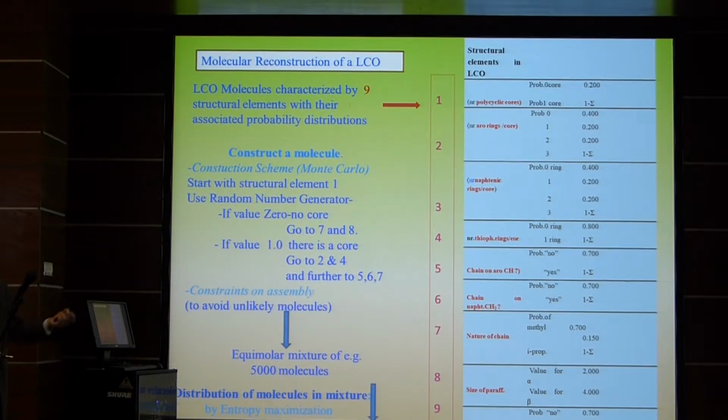You have to generate a large number of candidate molecules, and you go, for instance, up to 5,000. And now I have typical molecules that can be members of LCO, but with those 5,000 candidates, I don't have the real composition yet of that LCO that I am going to construct.